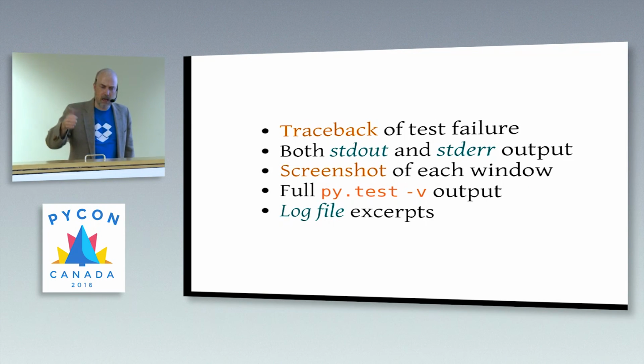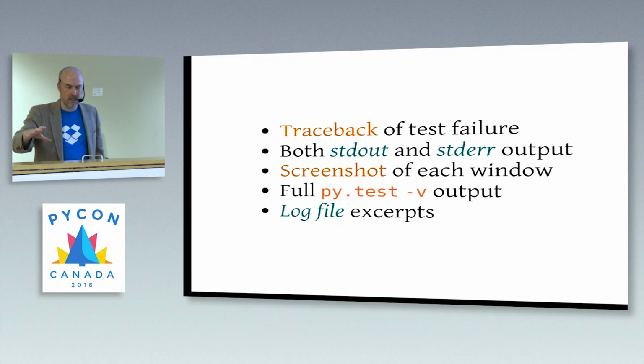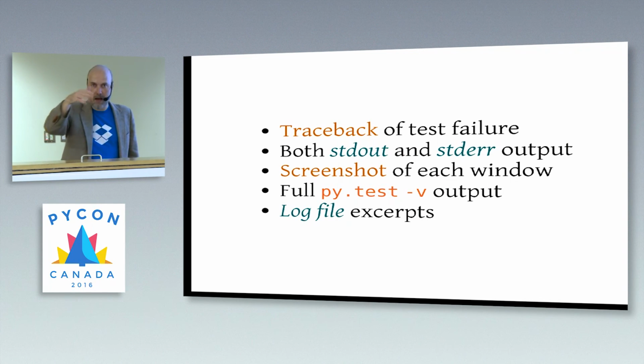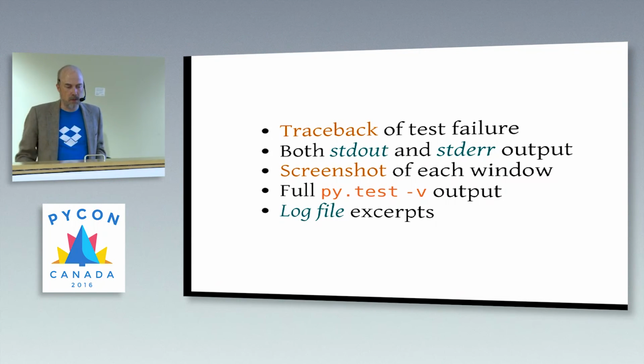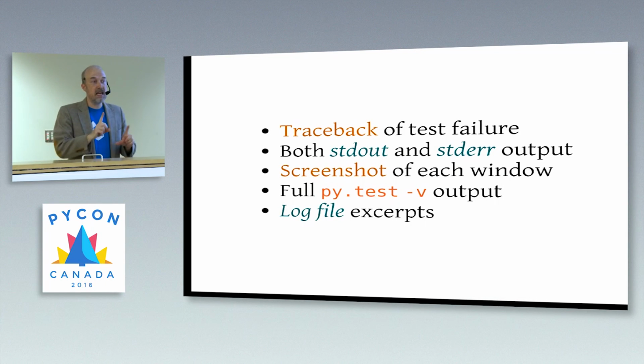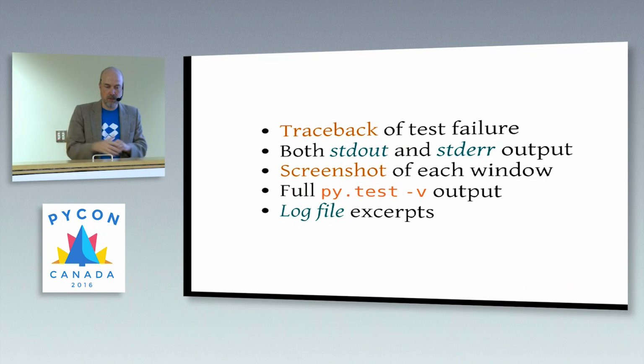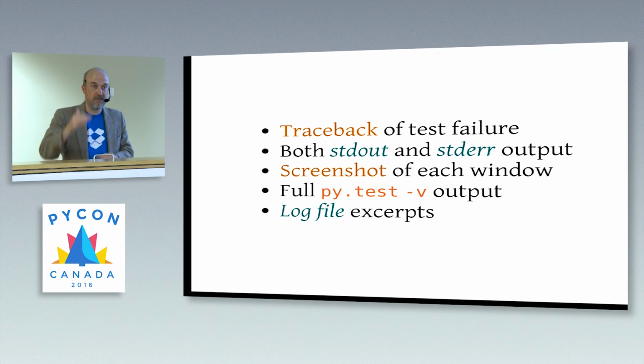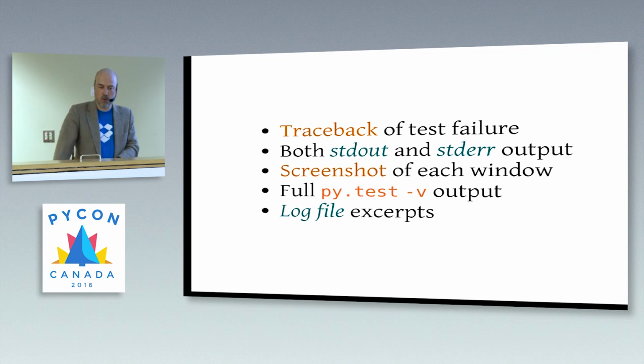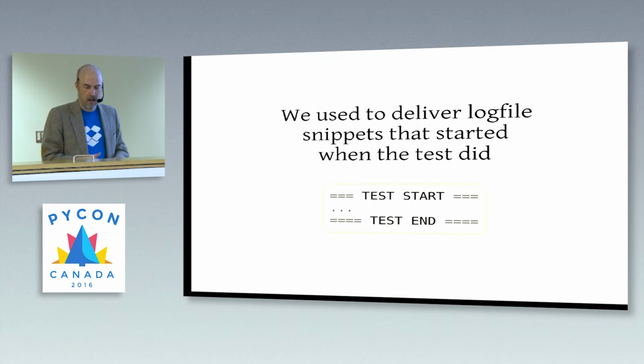Grab the traceback of the failure itself, standard out and error output, anything printed by the test, and save that. Take a screenshot not only of the window that was visible, but of all of the windows Selenium had open. The full py.test output, because remember, it could be the previous test that broke this one, and also log file excerpts.